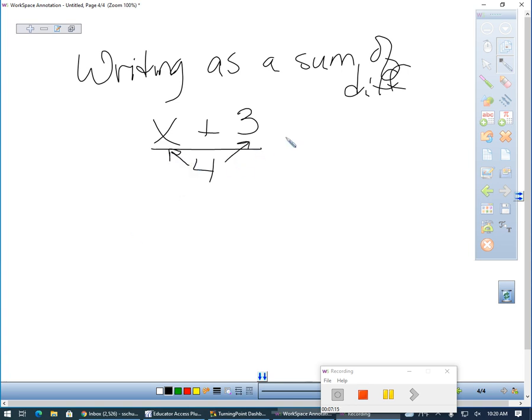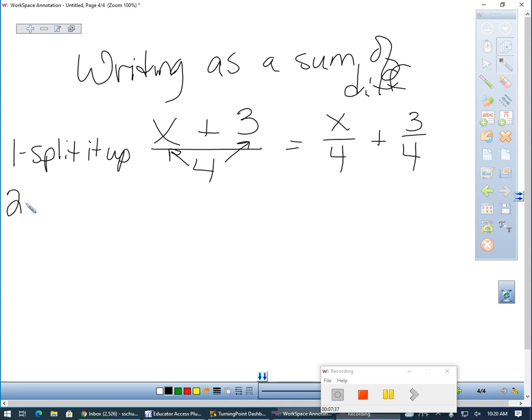So we can rewrite this as x over 4 plus 3 over 4. So your first step is going to be to split it up. Okay? Your second step is to reduce if needed. In this case, we didn't need to reduce, but there's going to be some where you do.